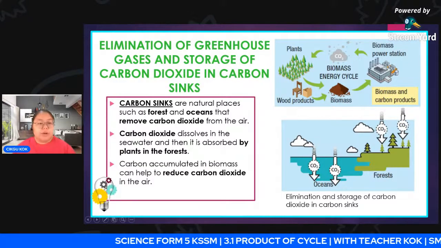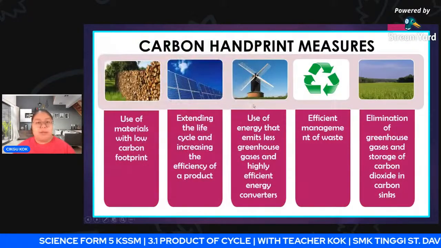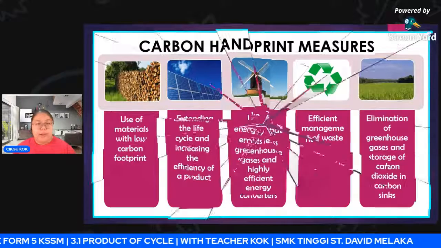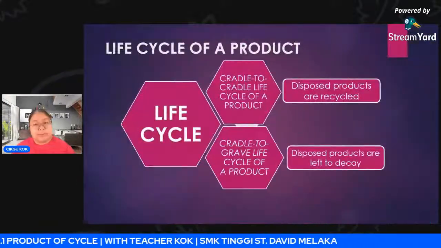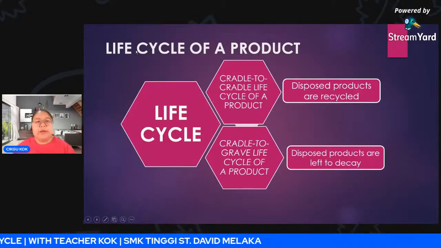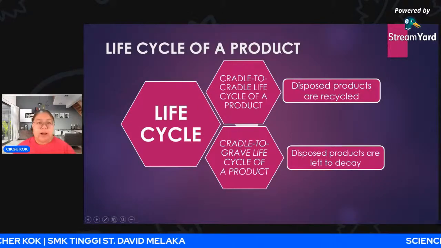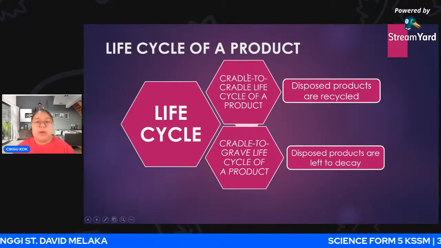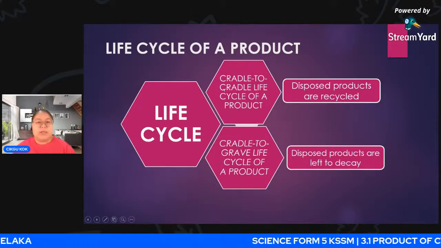Okay, so we go on to the next part. After the carbon handprint, we need to see the recycle part, the life cycle of the product. The life cycle of the product is separated into two. The first one is called cradle to cradle life cycle of the product.